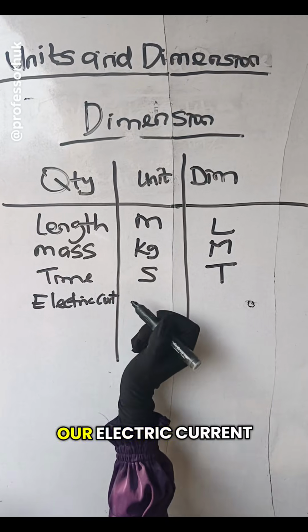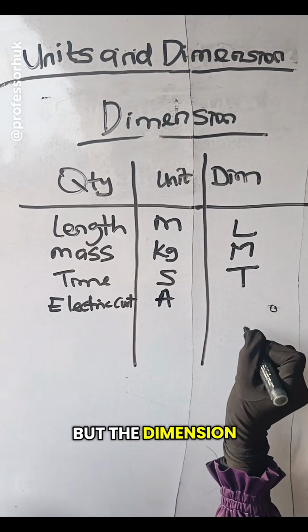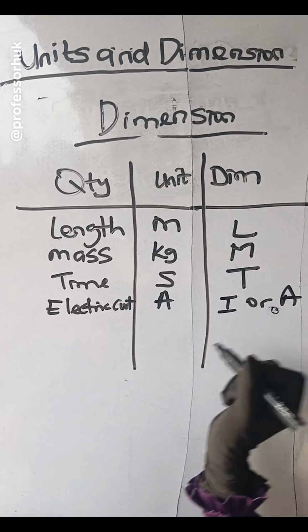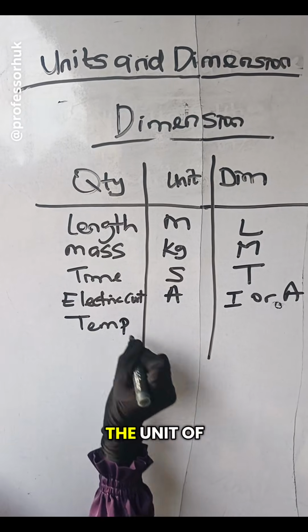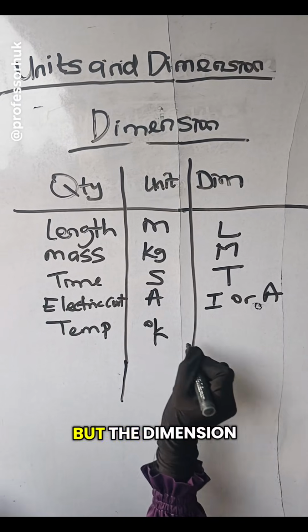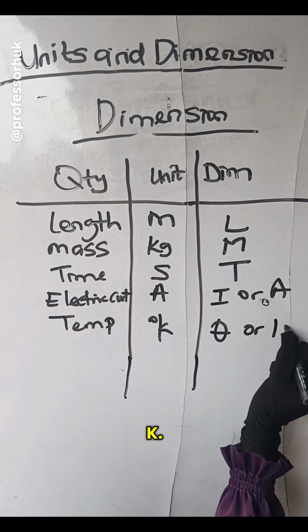The unit of our electric current is ampere, but the dimension is I or A. We have temperature. The unit of our temperature is degree Kelvin, but the dimension is theta or K.